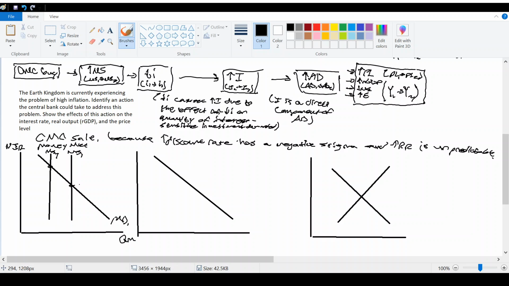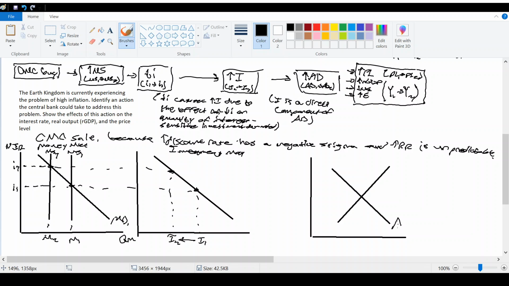Instead of a decrease in the interest rate, we have an increase. And from there, every other step is just the inverse of what we did before. Same lines. But now investment decreases instead of increases.